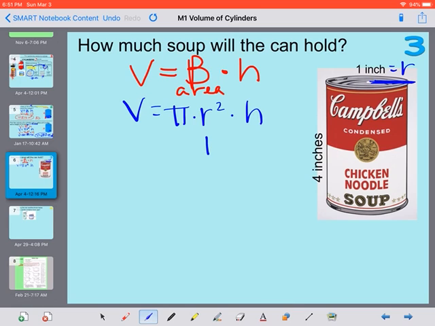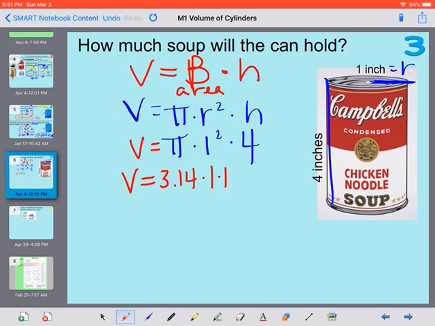So r is 1, and our height is 4. So we're going to figure out how many cubic inches of soup are in the can. If I'm going to plug this in my calculator, if I wanted to expand this, I could write 3.14 times 1 times 1, because 1 squared is 1, times 4.